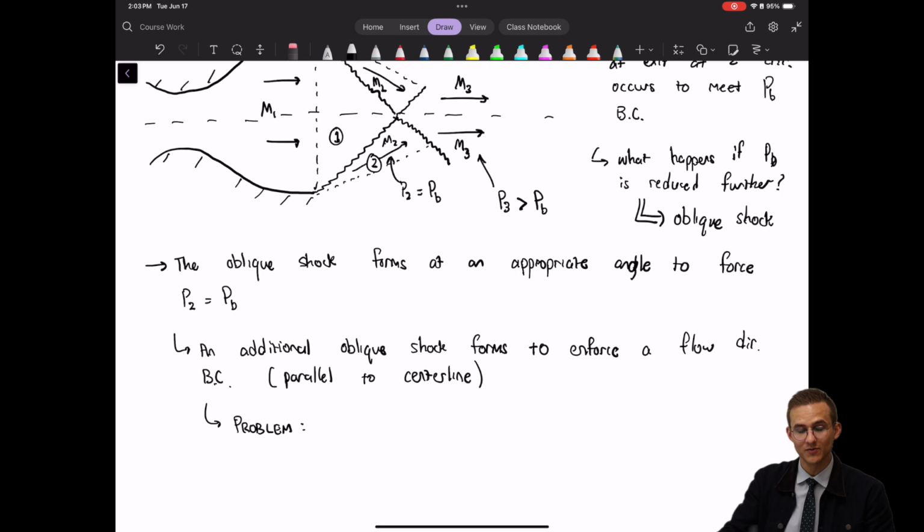And now we're not meeting the pressure boundary condition anymore, right? So problem, P3 is larger than PB, which means that the pressure boundary condition is no longer satisfied.